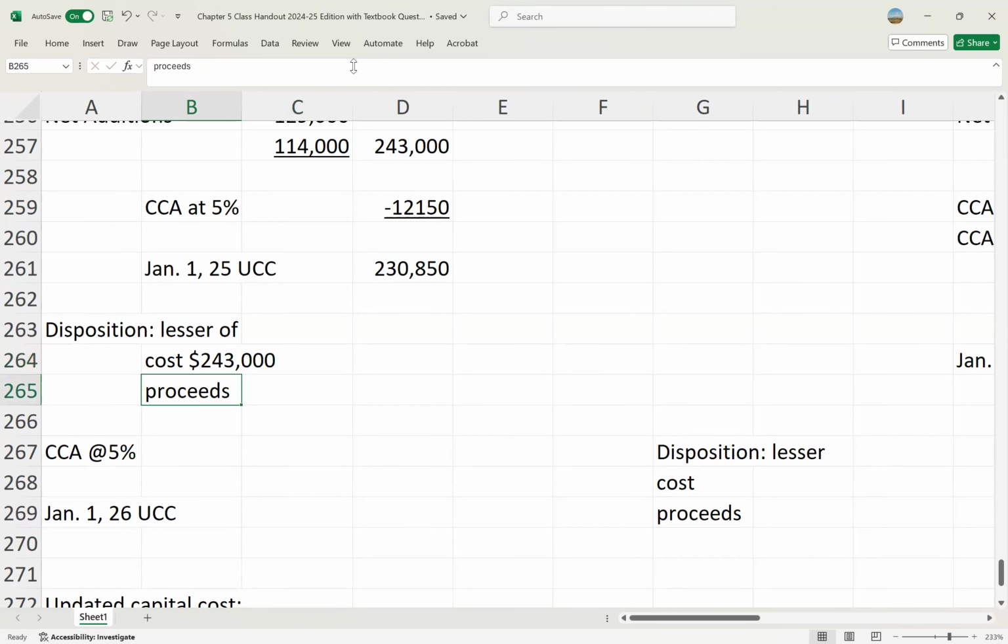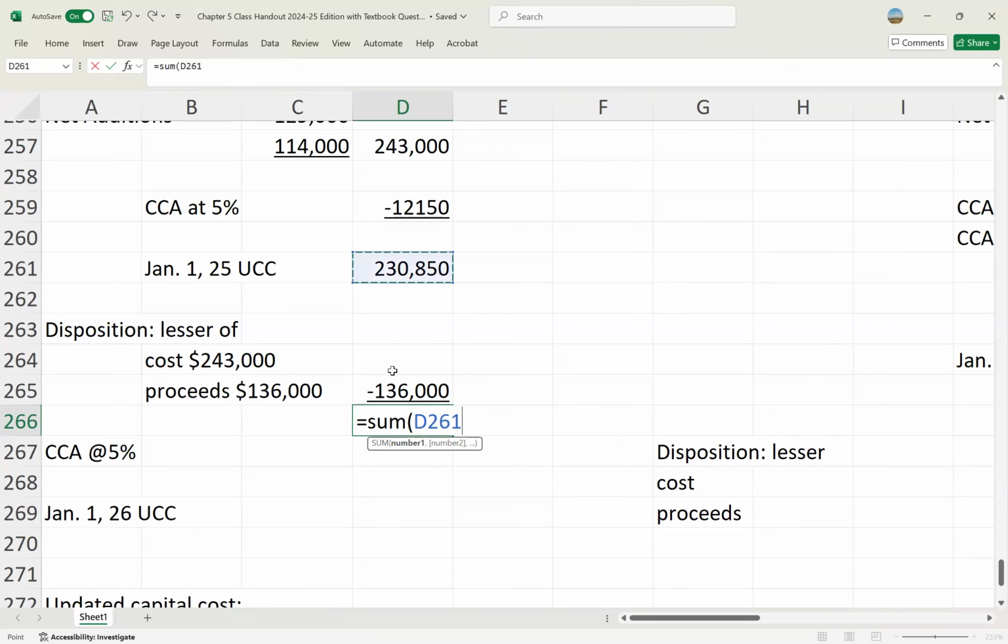The proceeds that they got for goodwill was 136. So the lesser of the two is going to be the 136.